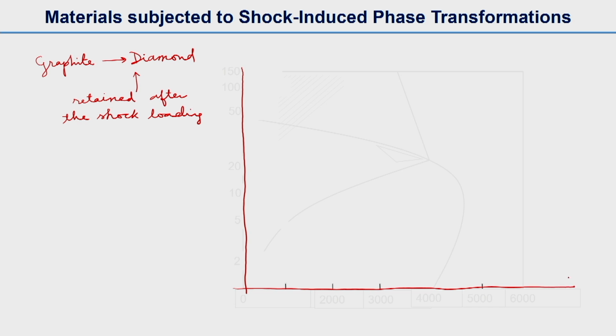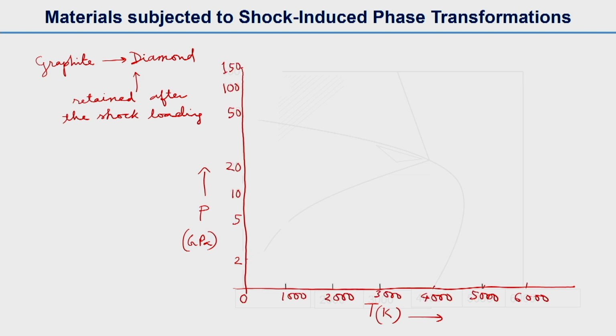So for the unary phase diagram, we have pressure in gigapascal on the y axis and temperature in Kelvin on the x axis. Suppose we are writing 2 gigapascal and 6000. The phase diagram looks something like this.